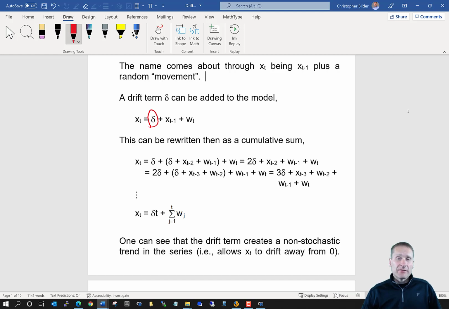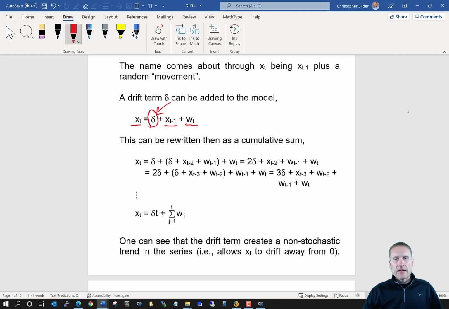This delta is the drift term, and it is actually a parameter that you will want to estimate. And so what this is saying now is that to get to time t, you start at your value for time t-1, you add that random component, but you also add an additional value to all this.